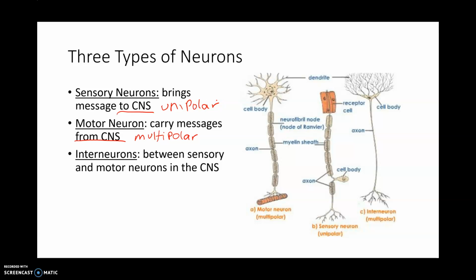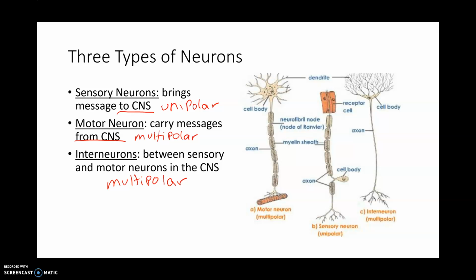And then our interneuron is what we call a multipolar. Oh no, that's correct, our multipolar. So our motor neuron and our interneuron have similar type structures that they have both our dendrites and our axons on the ends of those.